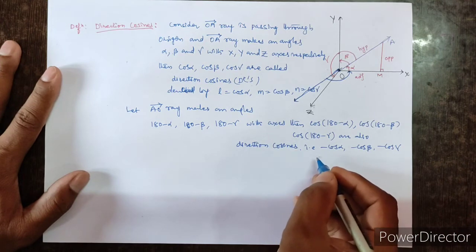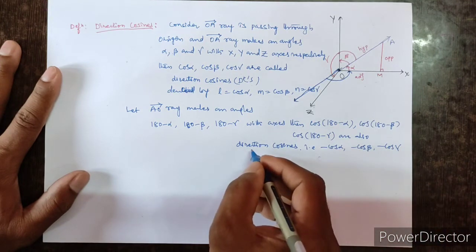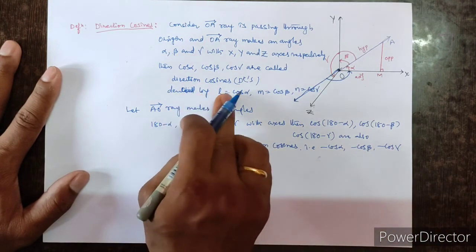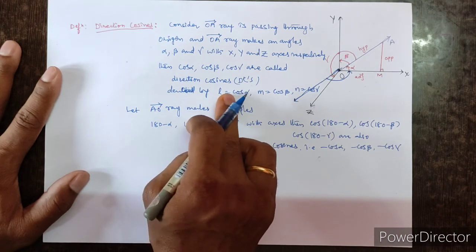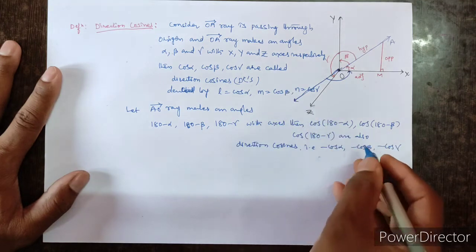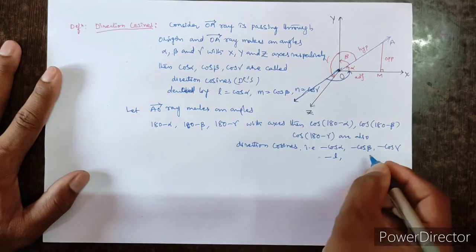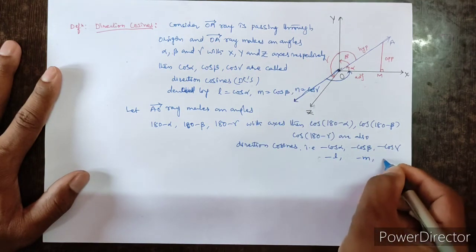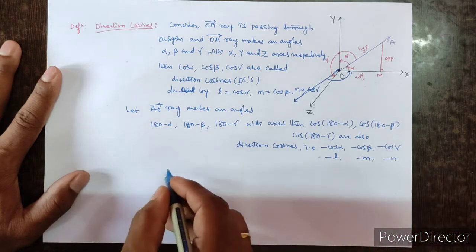So these are the direction cosines. Of course, already we denoted cos alpha with L and cos beta with M and cos gamma with N. Here this is minus L, this is minus M, this is minus N.